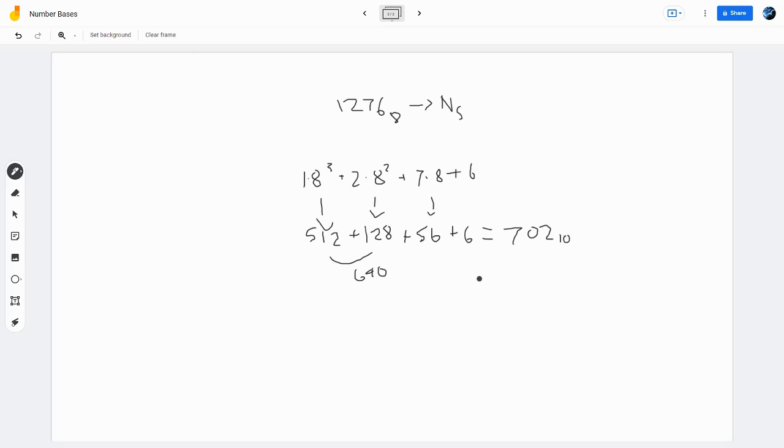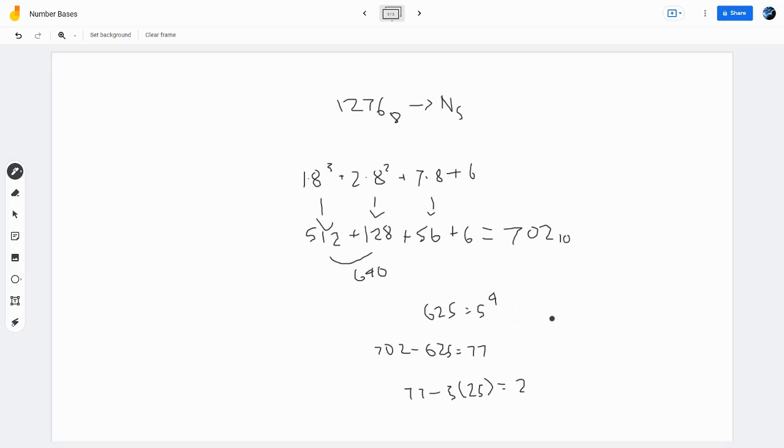So what's the largest power of 5 that goes into 702? It's going to be 625, which is 5 to the 4th, right? Okay, so if we subtract that once, we're going to get 77. And from 77, we can't subtract 125, that's too much, so we can subtract 25. So we can subtract 3 times 25, and that leaves 2, right?